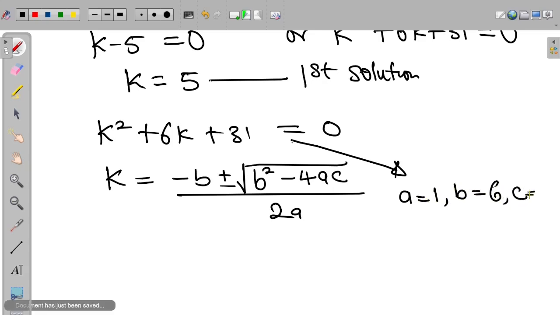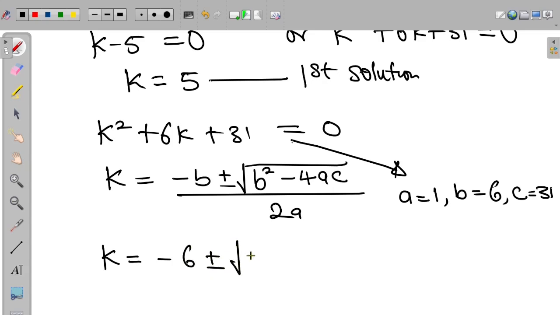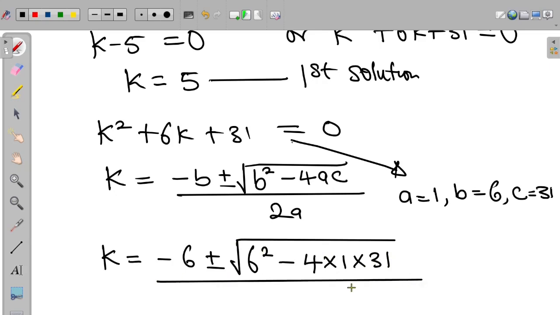And c is a constant term, which is 31. So therefore, if we substitute, we have that k is equal to minus 6 plus or minus root of 6 squared minus 4 times 1 times 31 divided by 2 times 1.